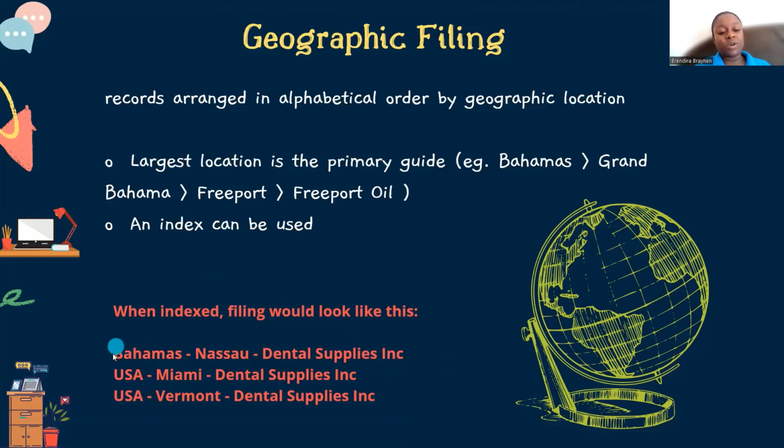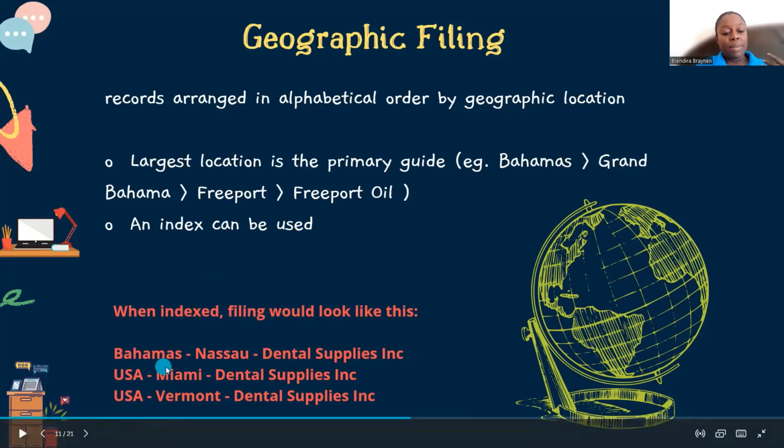And so that means this first file we're going to have in the section for the Bahamas, Nassau, and then Dental Supplies Inc. There you're going to find a Dental Supplies Inc. file for our Nassau branch in the Bahamas section. Then Miami and Vermont are both in the US. This is the largest unit, so the country is always the largest unit.